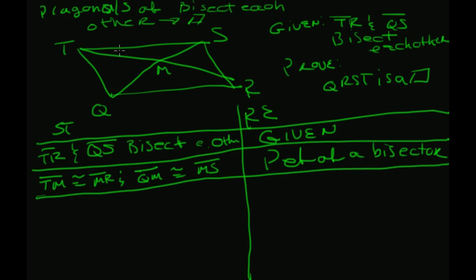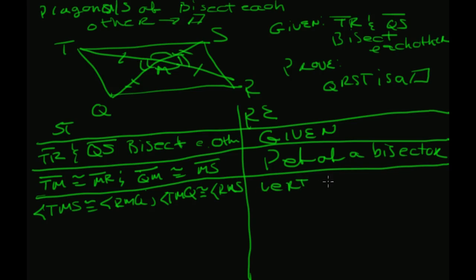Okay, so we just said that this is the same as that, and this is the same as that. So let's get a whole bunch of angles here. Angle TMS is congruent to angle RMQ. Likewise, angle TMQ is congruent to angle RMS.